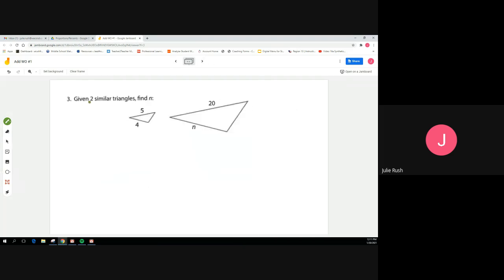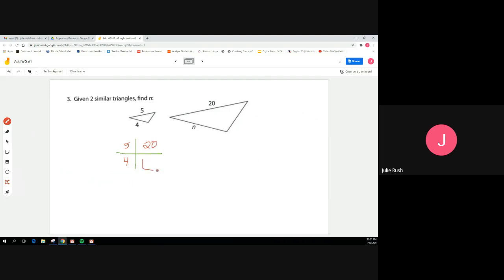And then our last one, given two similar triangles, find n. I'll show you really quickly how I do it, guys. I just make a little T-chart just like that. I grab my first triangle here, which is 5 and 4. Look to my other triangle, 20 matches up with 5, so the 20 goes here.